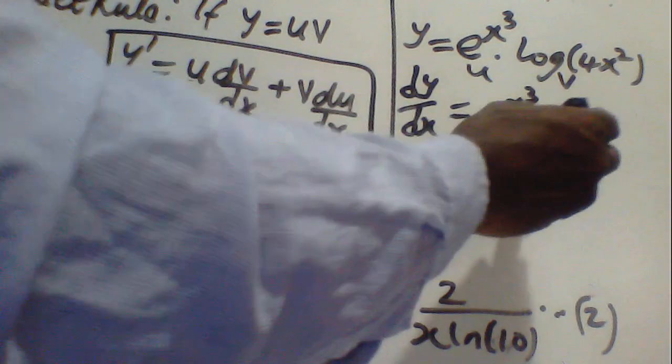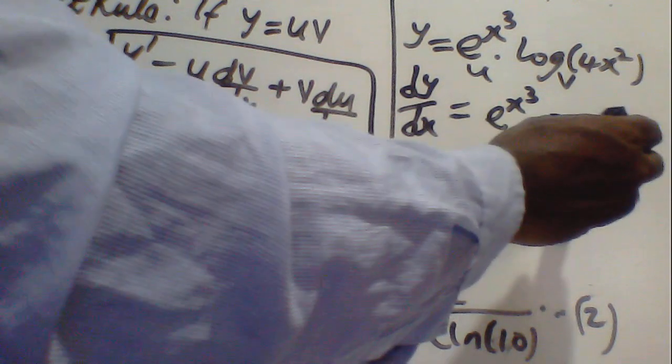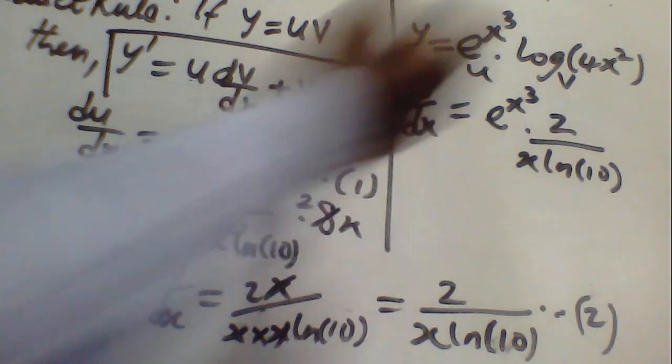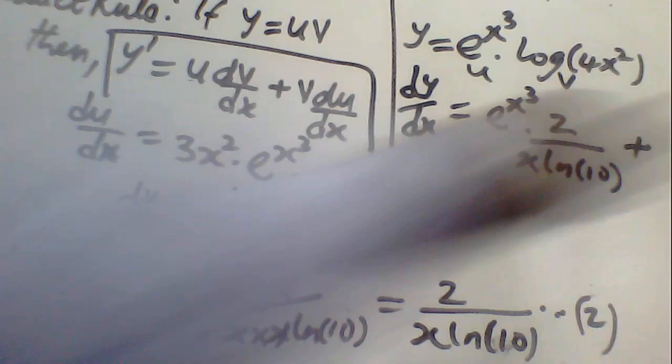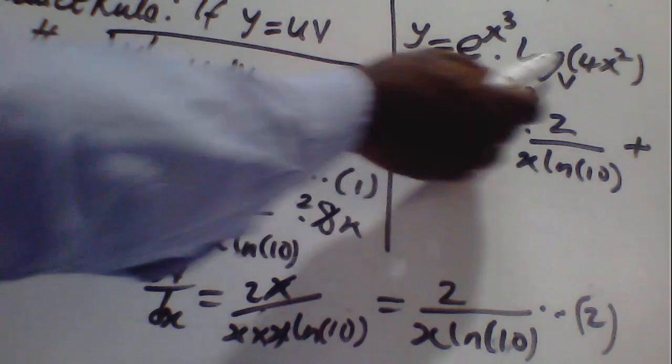Using product rule, plus v is equals to what? Log 4s squared.